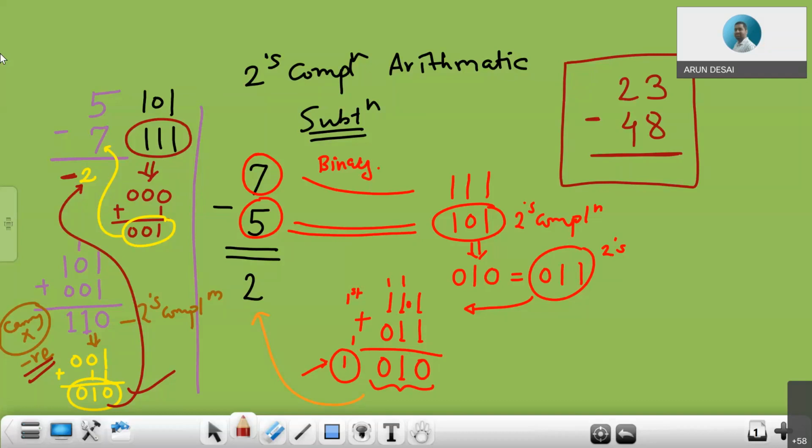If you find any query while solving, just put it in the chat box or unmute yourself and tell me.